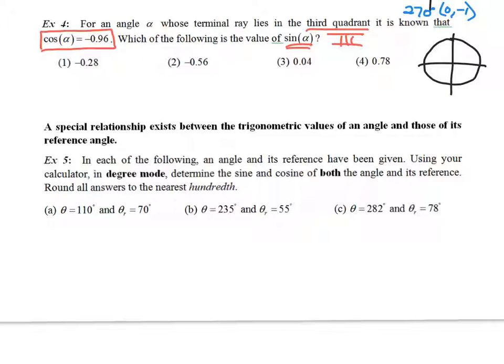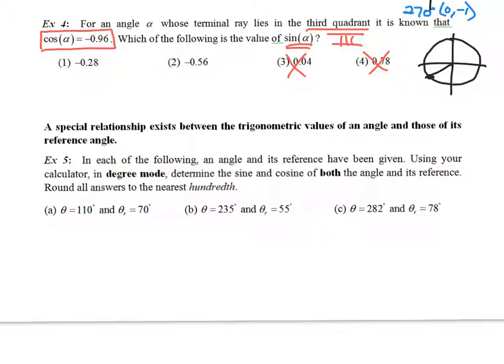So if sine is the y-coordinate for any angle in the third quadrant, my y-coordinate has to be negative because it's a point that's going down from the x-axis. So the sine has to be a negative answer. So I am going to eliminate the answers that are positive because they can't even possibly be true. Now let's go ahead and narrow it down between the other two answers.